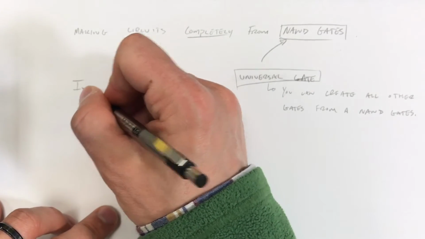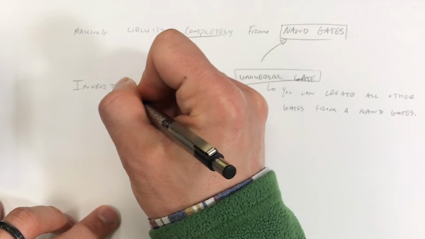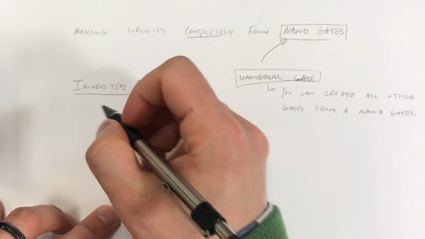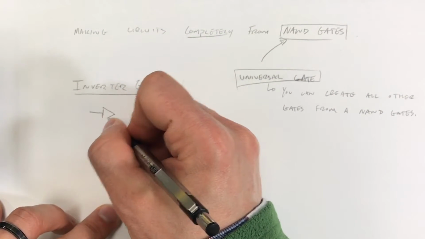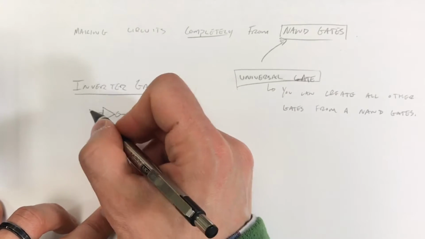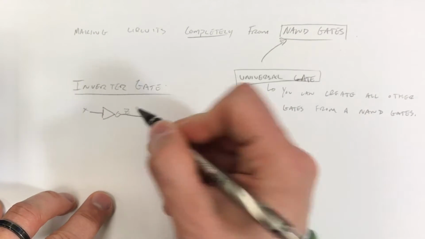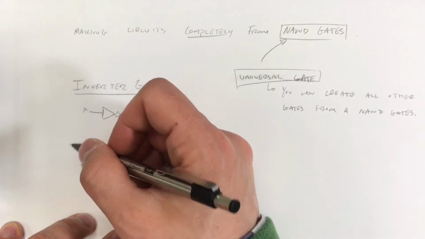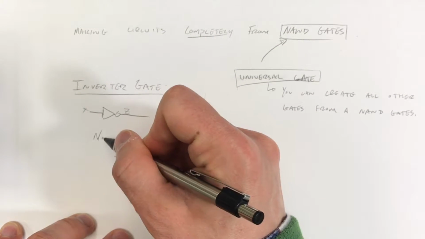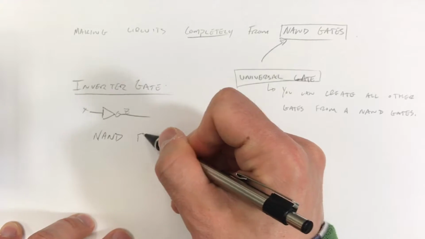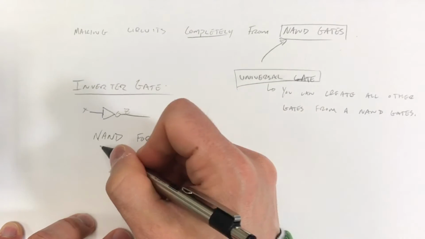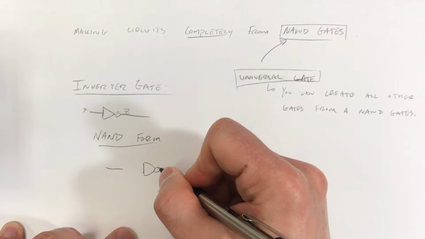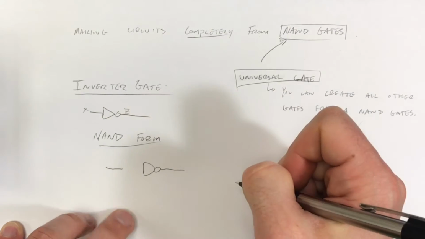So if we look at an inverter gate, we know that it looks like one input coming in, X, with a triangle, and an output Z. If we look at it in NAND form, we have one input and a NAND gate with one output.